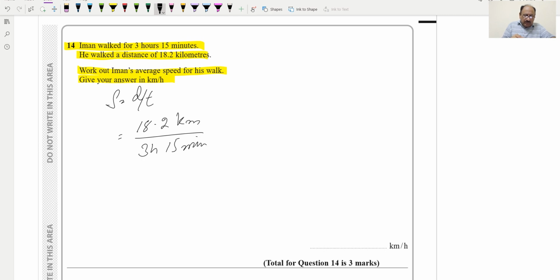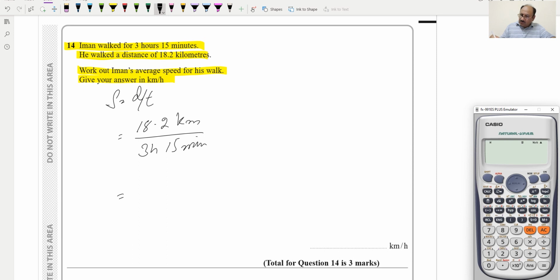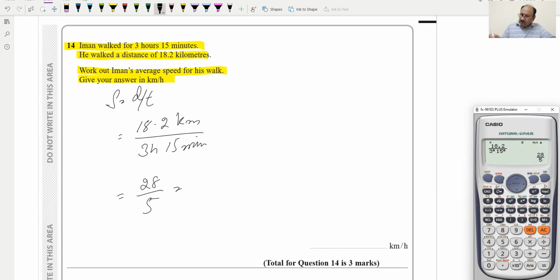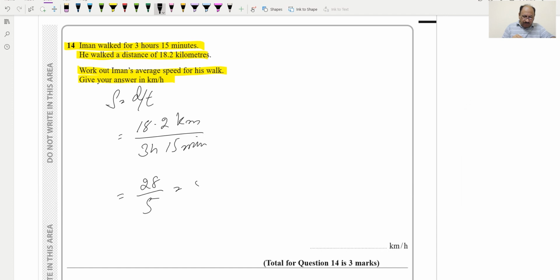So we can directly write the answer like this: 18.2 over 3 hours and 15 minutes, and this will be equal to 28 over 5.